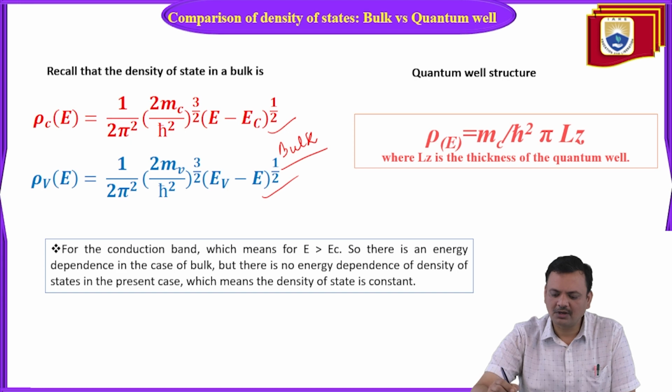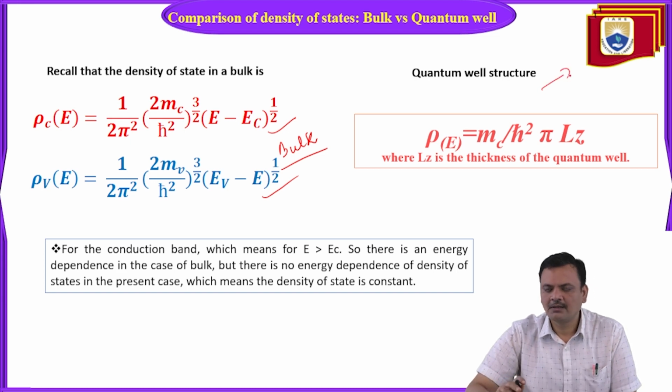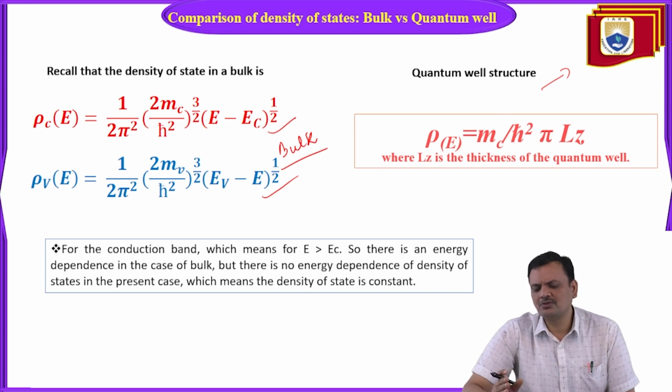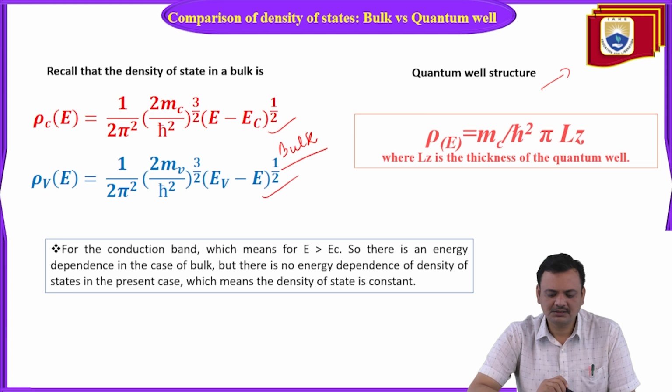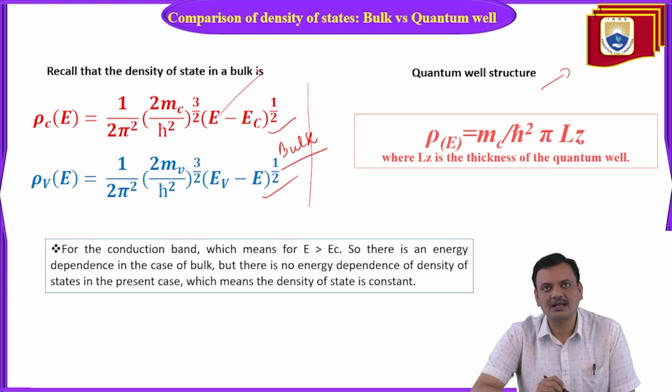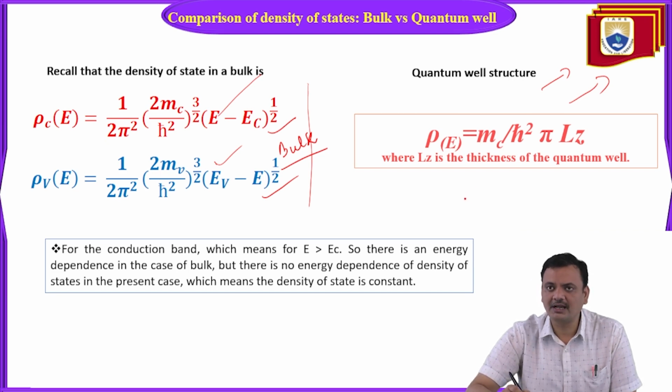But here, for quantum well structure, where you confine your z direction, the electron cannot move or travel in z direction independently. So see, what is the difference? Here in the bulk case, your density of state depends on energy E. But in the quantum well case, there is no involvement of energy. Means your density of state is a kind of constant.